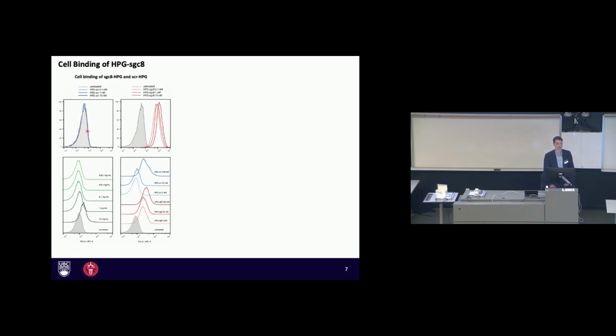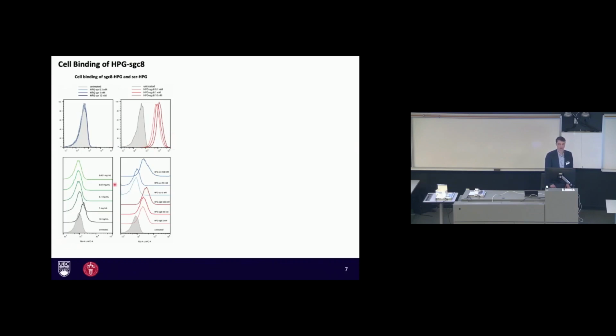Here in this top graph, you see HBG-SGC8 and HBG-scrambled, which is just a randomized control sequence of this aptamer, incubated at different concentrations with HEK cells in this case. There was no binding at all for the scrambled, but with HBG-SGC8, we saw a nice concentration-dependent shift in fluorescence.